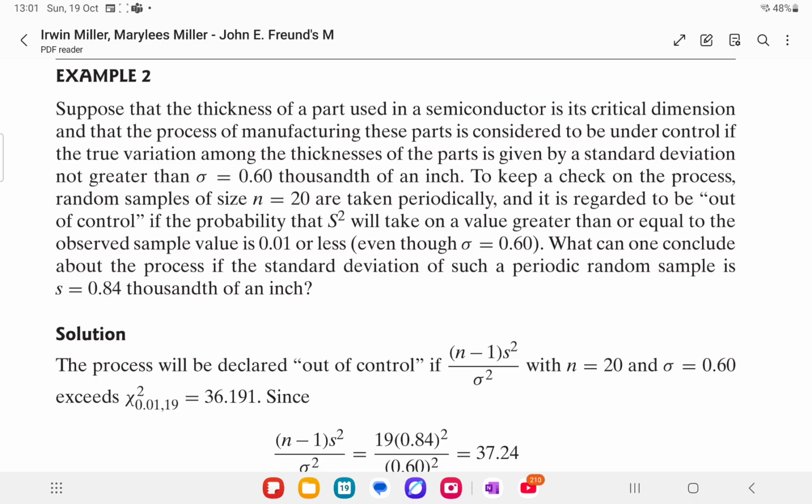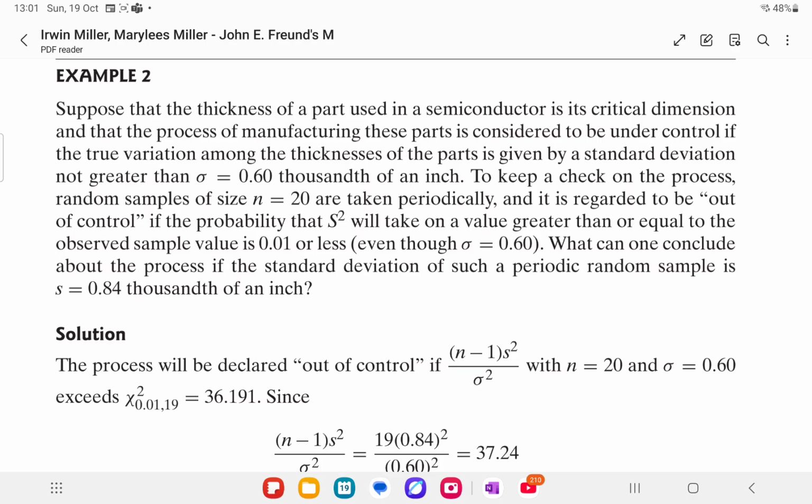So what is the null hypothesis or alternative hypothesis? The true variation among the thickness of the parts is given by a standard deviation not greater than 0.60.